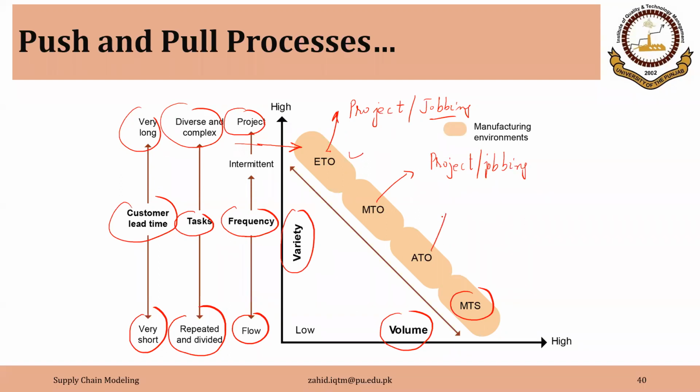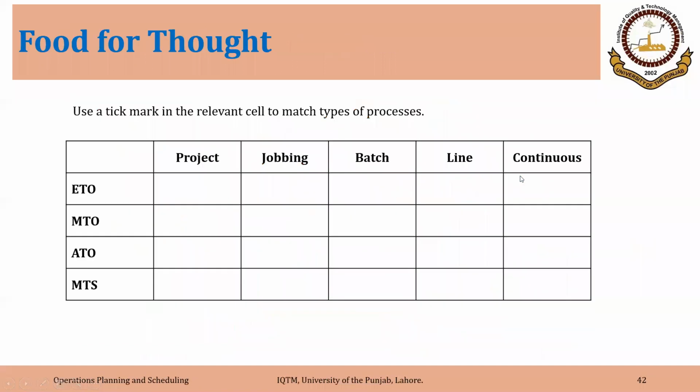So it could be a batch process. Mostly it is a batch process. And make to stock is almost always line process or continuous process. So if you are not clear, we will discuss this in the question answer session.